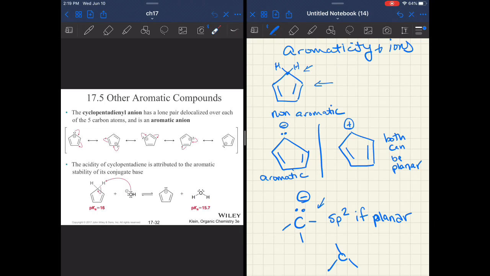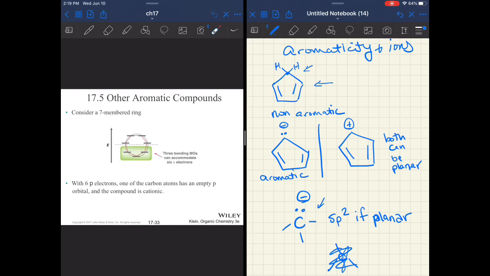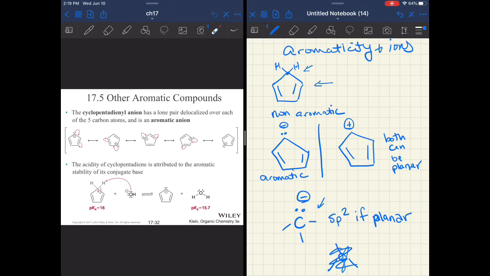And then we have a lone pair that will be in the p orbital. This is a mess what I just drew, but that's okay. Okay, we don't have a picture of it, but what that allows for is in the double bonds, you have your p orbital. You know this because they're pi bonds. And now, since we have a carbanion, and we can make it sp2, there is going to be that p orbital left over, and that's where the lone pair is going to be, right?